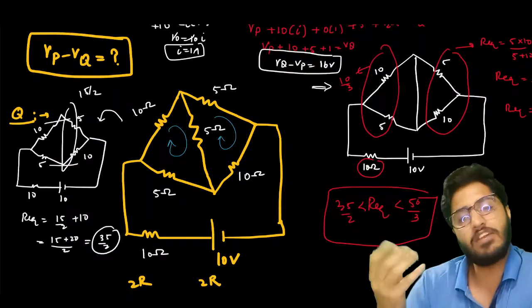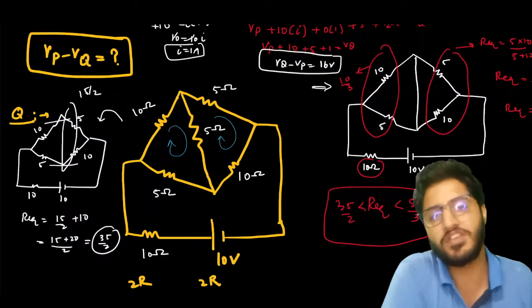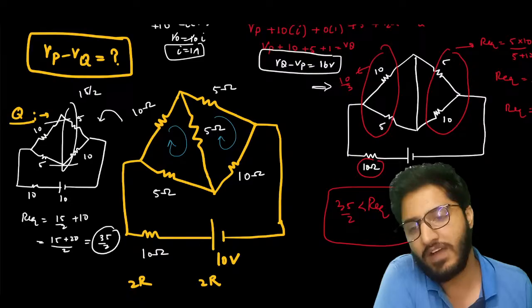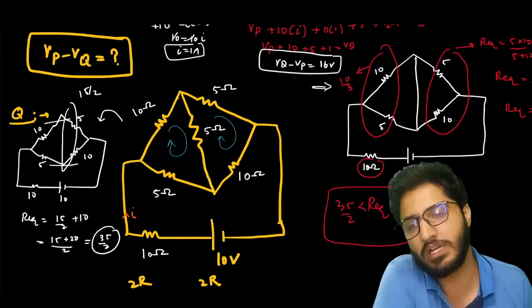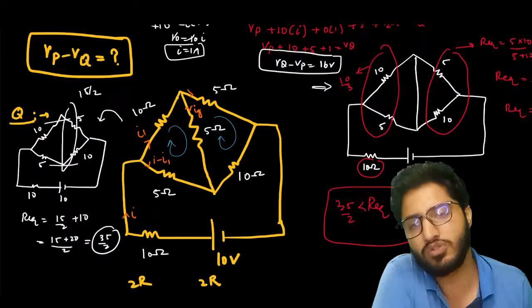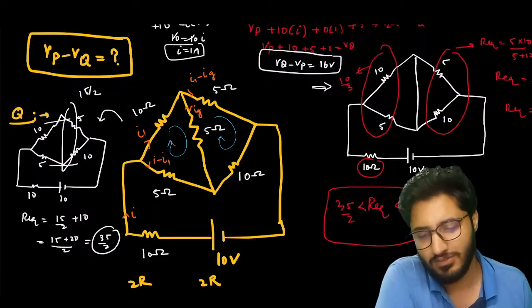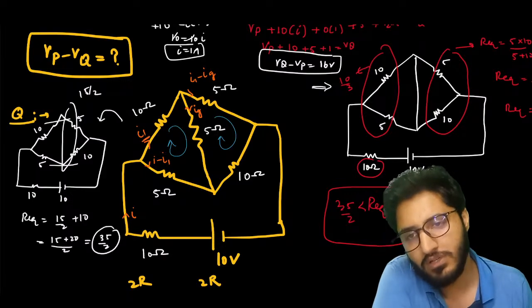Yeah, for KVL it will be lengthy. Why? Look, what do you need to consider now? You will consider, sir, if current I is flowing through this one, then I1 is this one, so it will become I minus I1. Now here it will be, sir, I into G, so this will be I1 minus IG. Look, so you have one variable, two variables, three variables.